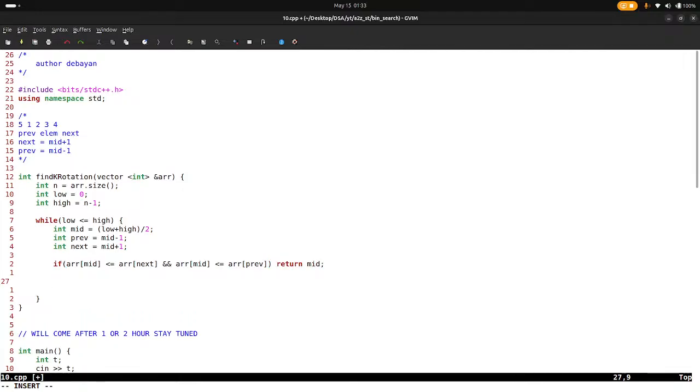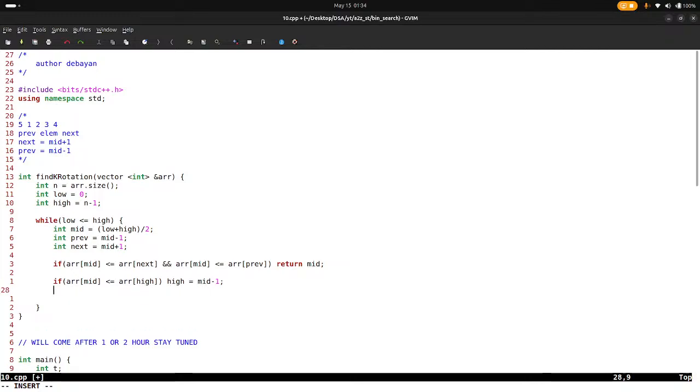Why, I will explain after a certain time. Basically, if array of mid is less than or equal to array of high, then I need to move more to the left side, so I would say high equals mid minus 1.